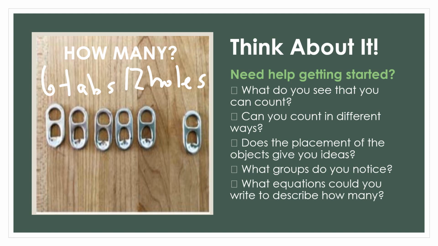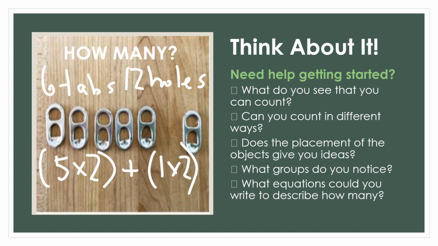Let's go and revisit this idea of counting the holes in the tabs, because this was something that I was starting to think about when I was studying the picture. So I noticed that there was a group of 5 pull tabs on the left with 2 holes in each of the tabs. So this made me think about 5 times 2. But then I know that there's another tab over here on the right, also with 2 holes in it.